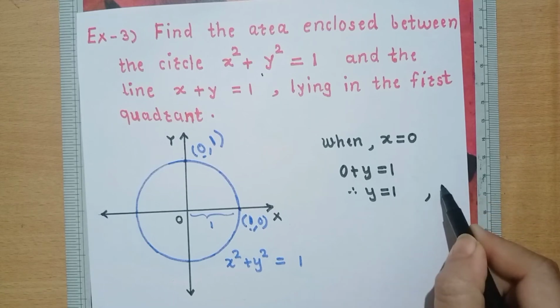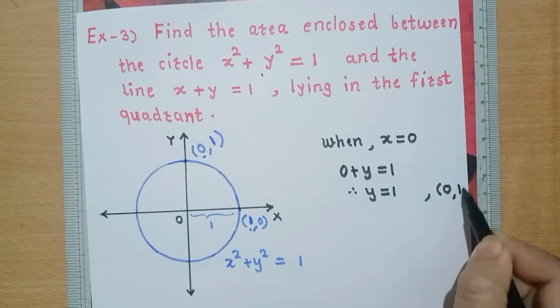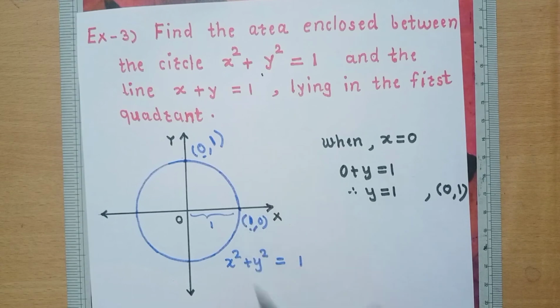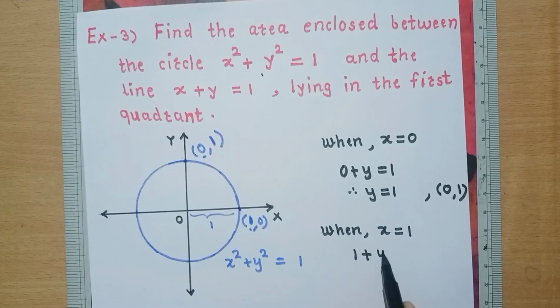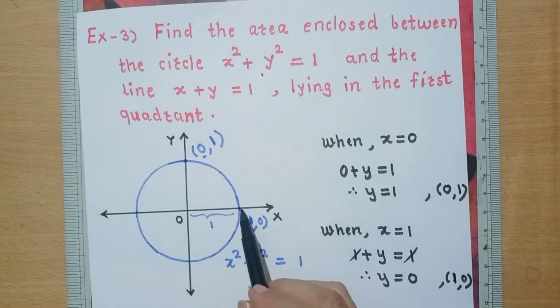So the first coordinate is 0, 1, and when x equal to 1, again we will substitute here 1. So 1 plus y equal to 1. So this 1 gets cancelled, and therefore y is equal to 0. First x coordinate is 1, y coordinate is 0. So check here, 0 1 and 1 0, these are the 2 points.